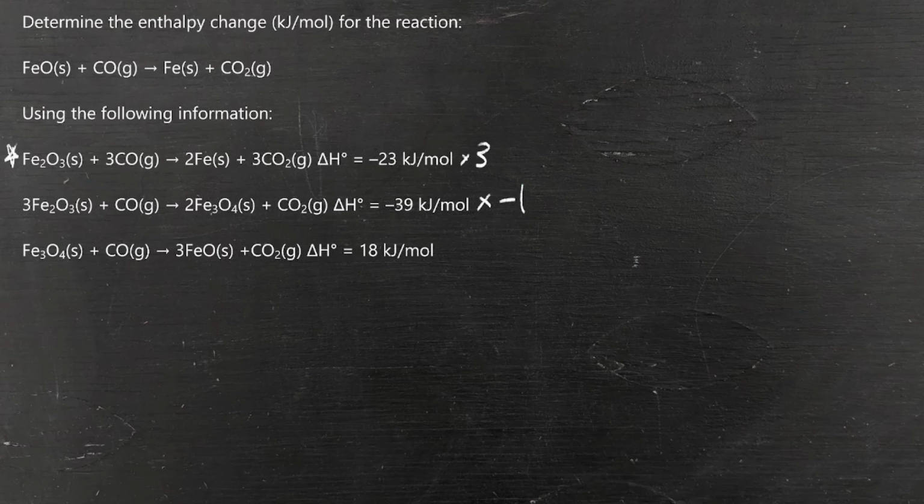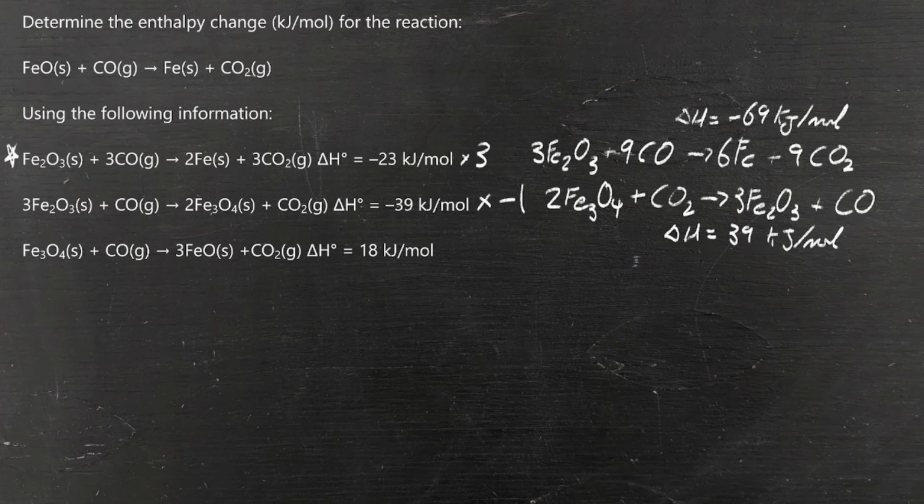So let's see what it looks like after we apply these two transformations. Looking at these two modified equations, we can see that indeed the Fe2O3s are going to cancel out. However, now our problem becomes that our reaction involves Fe3O4 as a reactant, which is not what we see in the reaction of interest.